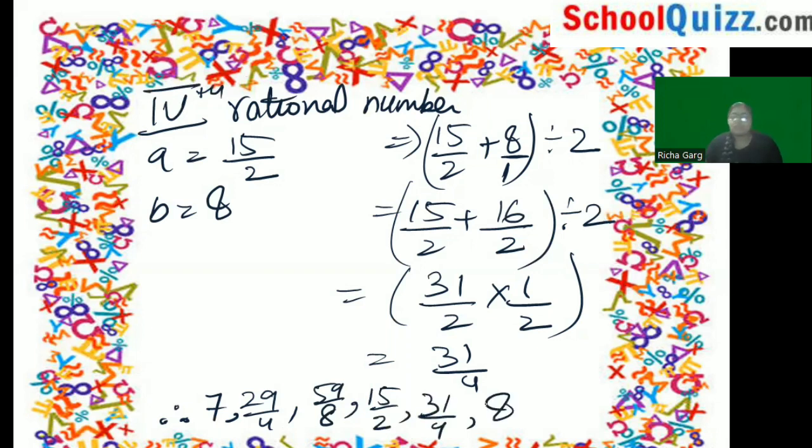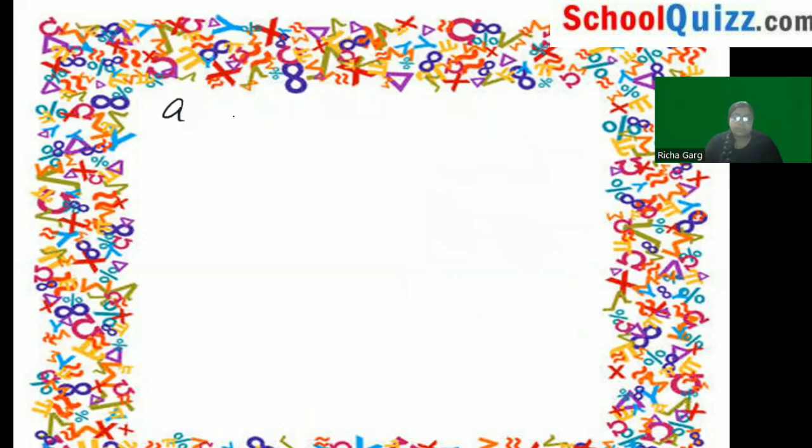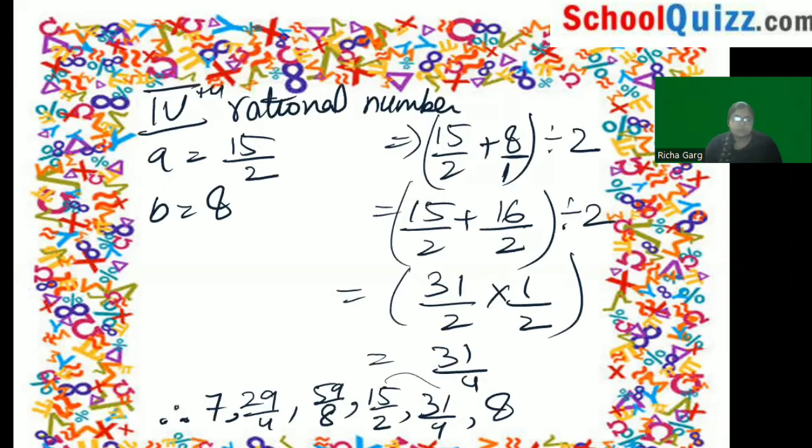So we have found the 4 numbers now. And now we can take any pair we want. Let's go with 15 by 2 and 31 by 4. So 15 by 2 is a and b is 31 by 4.